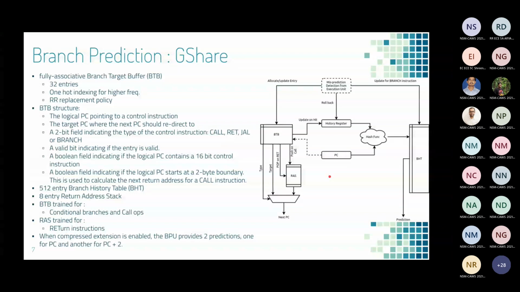So you assume a PC which is at 1 MB and a PC which is at 2 MB. The only difference in them is in bits 20 and 21. The lower 19 bits are all same for both of them. Yes. So if I pick only the lower 8 bits of both PC 1 MB and PC 2 MB, they're going to be the same, right?